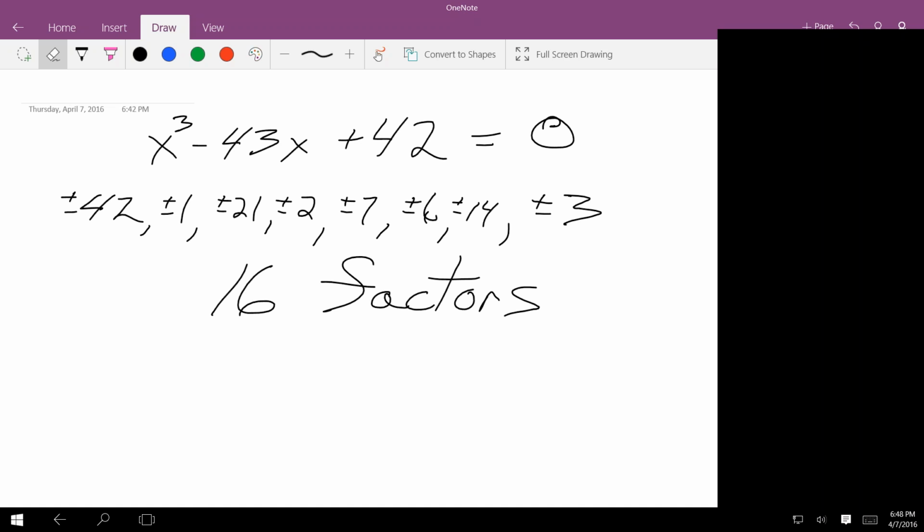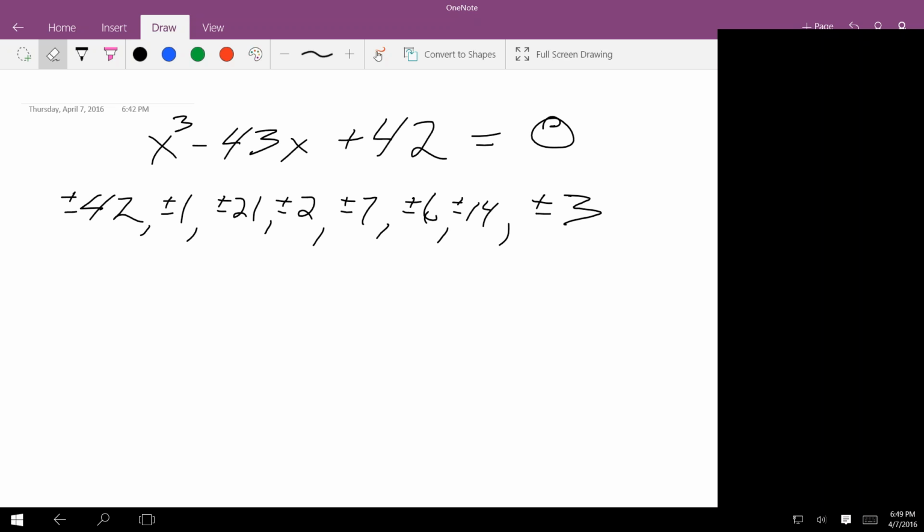Once I find one that works, if I have one linear rational factor, I can divide it into that, and what's going to result is a quadratic. And once I get it down to a linear factor times a quadratic, I can use the quadratic formula. In other words, the goal is to get it down to linear factors and a quadratic.